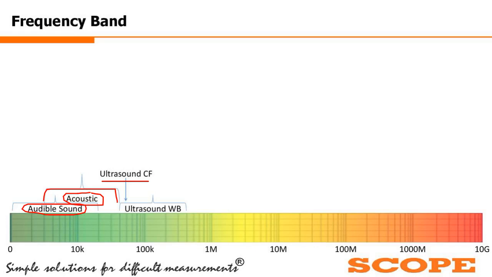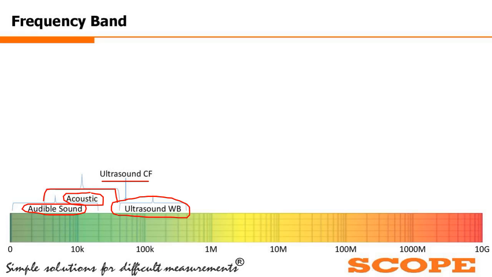And then the last one is the ultrasound wideband measurement zone, which some people start from, let's say, 10 or 20 kilohertz, and some from around 30 or 40 kilohertz, and it can go even up to 300 kilohertz.